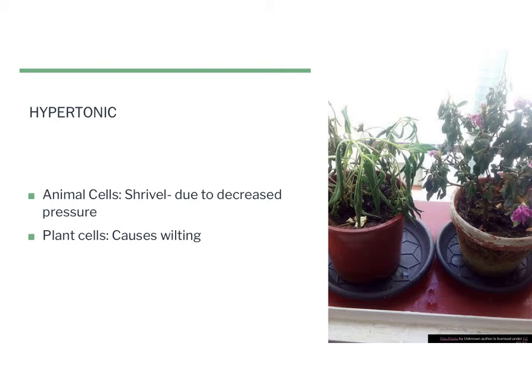This happens to us if we've been in the water for too long. If you've ever wondered why your skin wrinkles, this is why your skin wrinkles. In plant cells, when they're in a hypertonic solution, it causes those plant cells to start wilting.